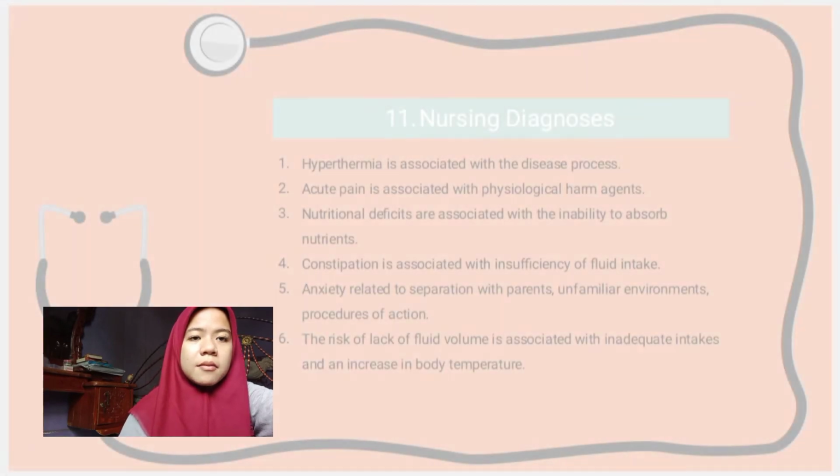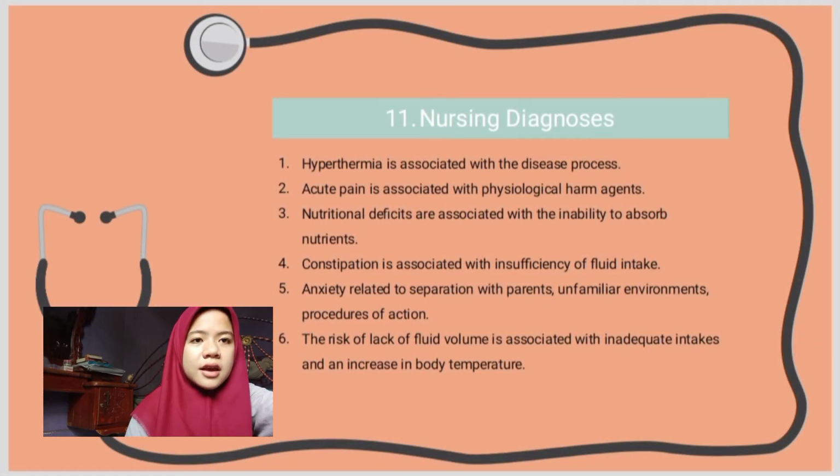Then number 11, nursing diagnosis. Number 1, hyperthermia is associated with the disease process. Number 2, acute pain is associated with physiological harm agent. Number 3, nutritional deficits are associated with the inability to absorb nutrients.